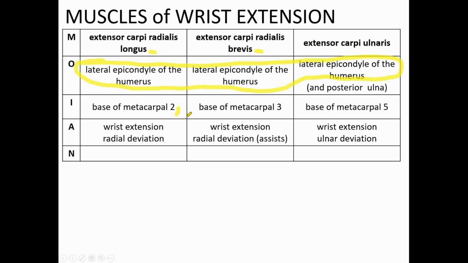Longus goes to 2, brevis goes to 3, and extensor carpi ulnaris goes to 5. Metacarpals, right? Base of metacarpal 2, 3, 5. They all do wrist extension. The two that have radialis in them do radial deviation, and ulnaris does ulnar deviation.